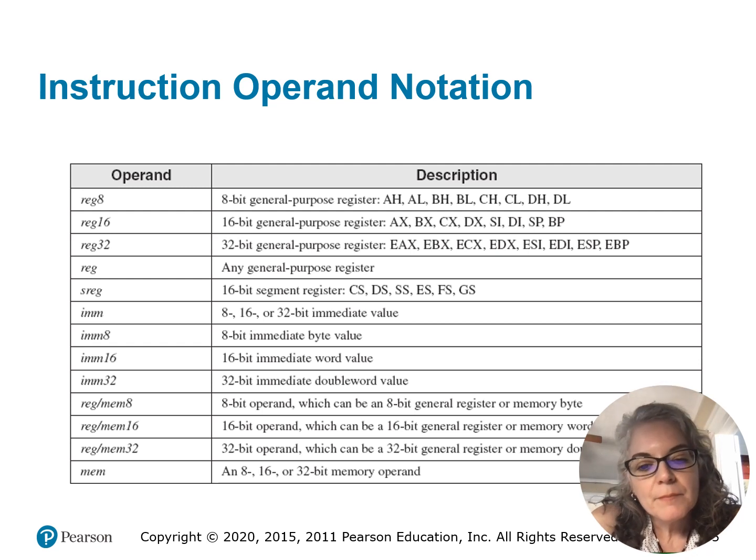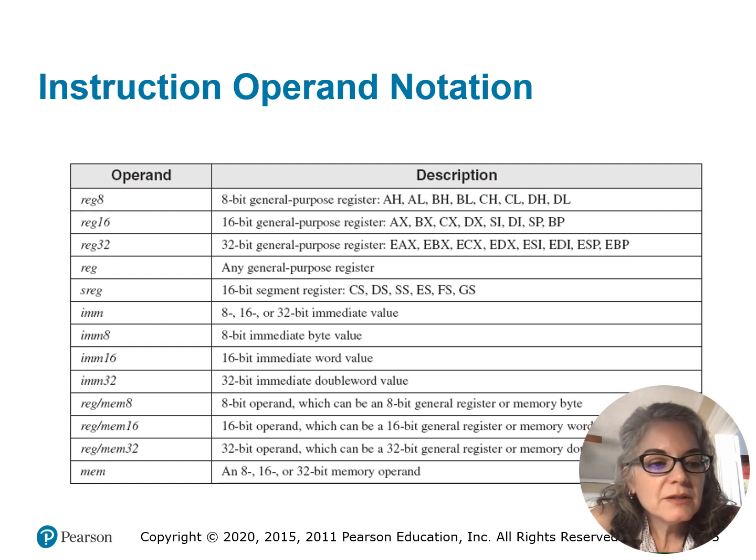So if you're working with move, for example, move can have a reg, meaning you can move from register to register, or you can move from a variable, so it would be mem, memory to a register, or you can move an immediate value into a register or a memory location.